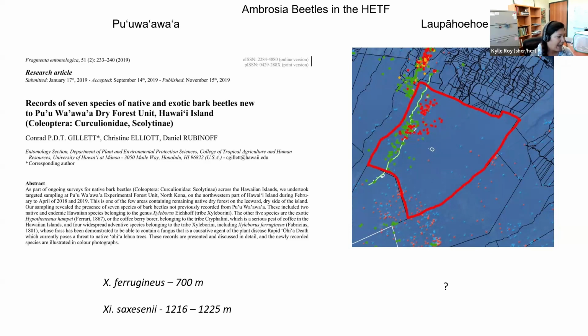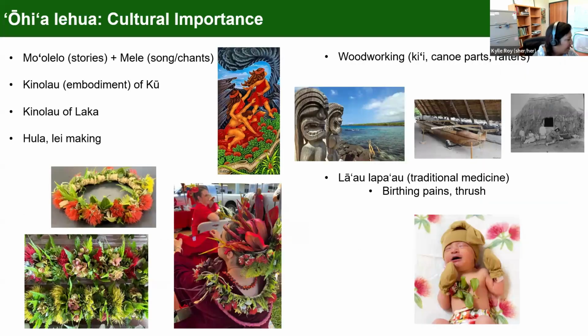I actually will be trapping in this unit in the next couple of months, so I'll have information. Reflecting on the work that's been done in the HETF, I think there's lots of room for figuring out what's going on with ambrosia beetles and ROD in both of the units.